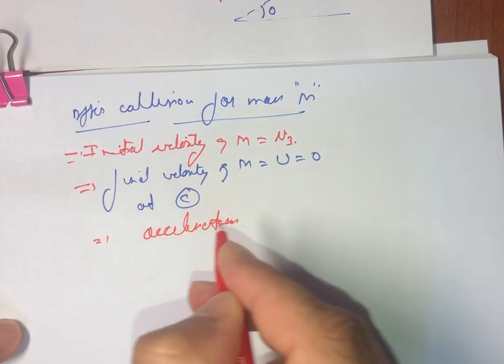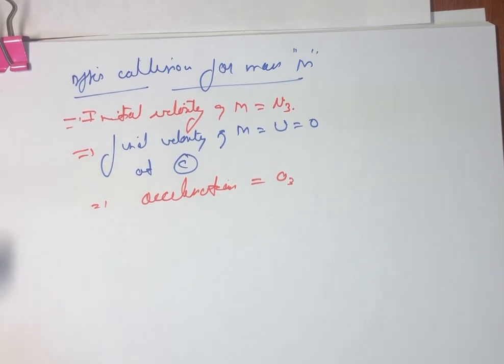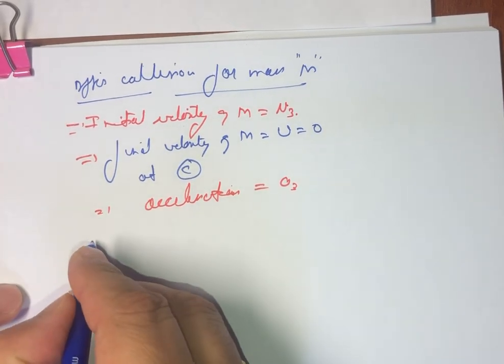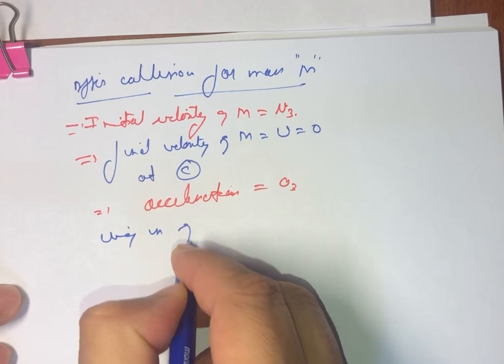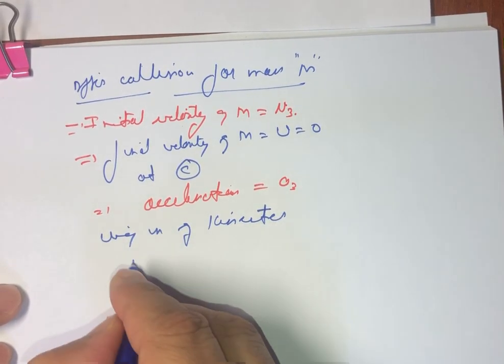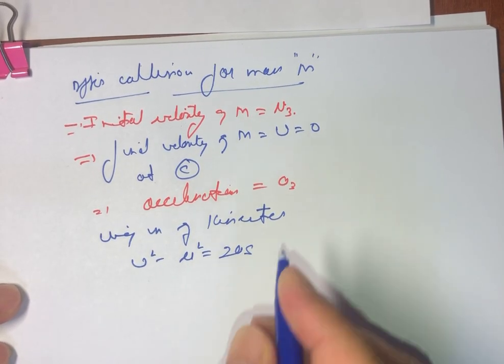Acceleration is given as a3, which will obviously be retardation. So we can use the equation of kinematics to find out a3. Using the equation of kinematics, v square minus u square is equal to 2as.